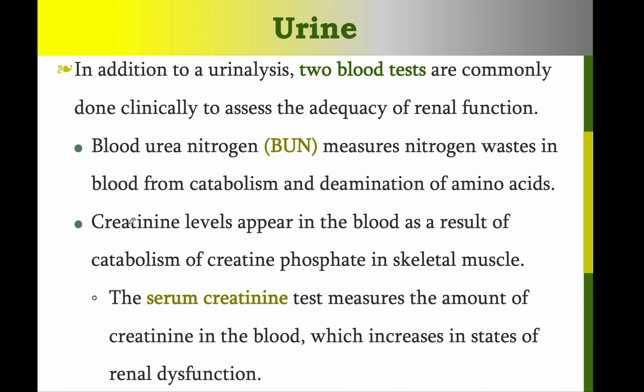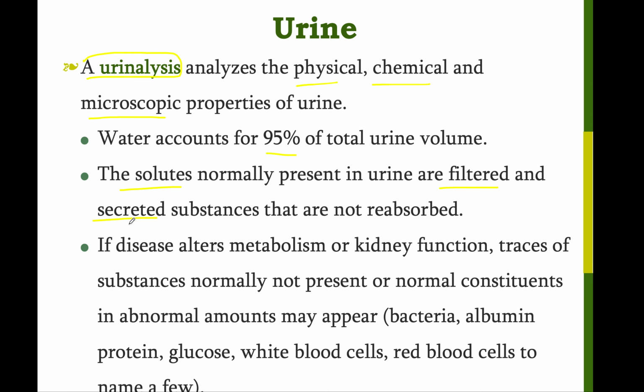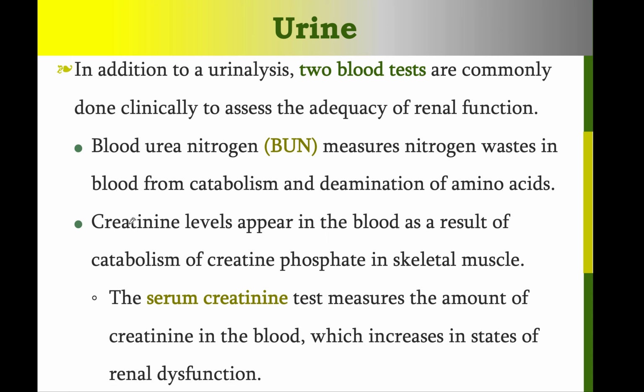In addition to urinalysis, which is a very important diagnostic tool, there are two major blood tests that are performed to diagnose or to measure if the kidneys are working normally. They are the blood urea nitrogen, BUN, and the serum creatinine.